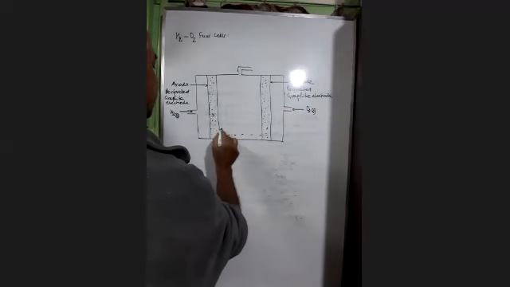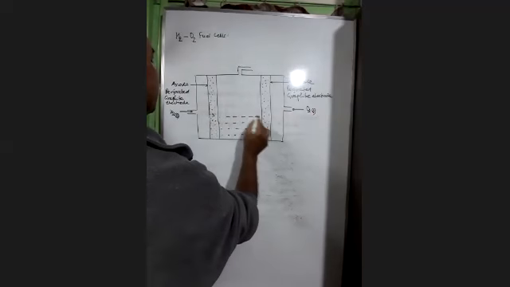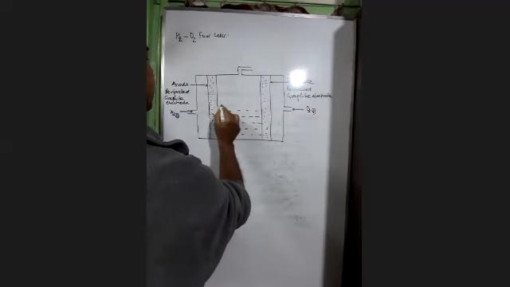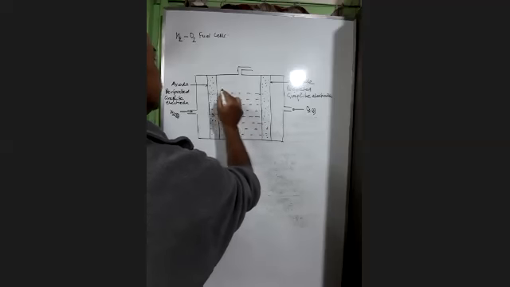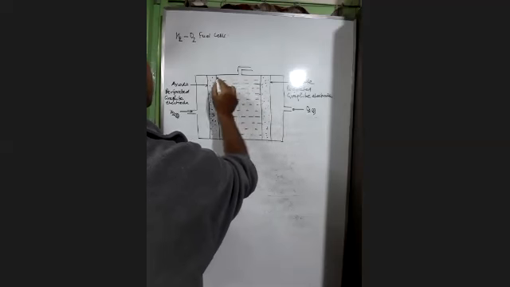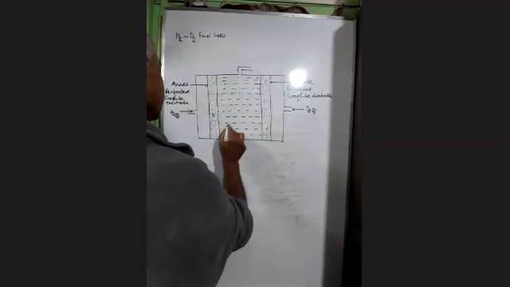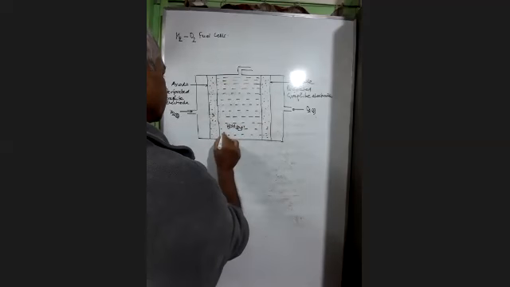And this is the electrolyte. This electrolyte can be either potassium hydroxide or sodium hydroxide. It is KOH electrolyte.